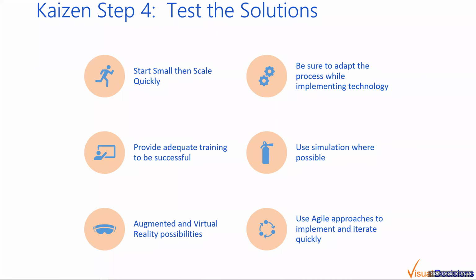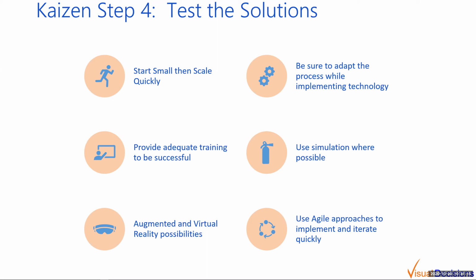And if it's something where you're working with, for instance, an IIoT platform to be part of the solution, using agile approaches to implement and build things quickly and then iterate fits in with the entire Kaizen mindset, and the agile design approach was actually based on lean manufacturing.